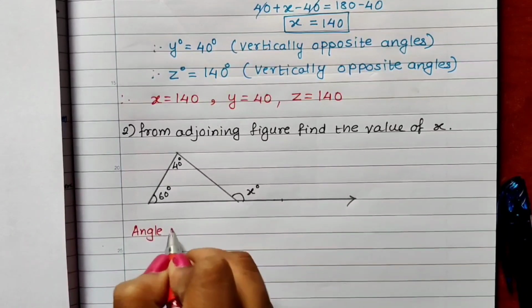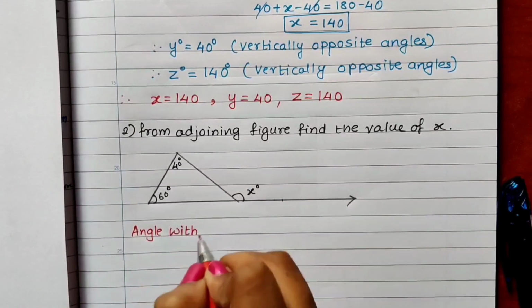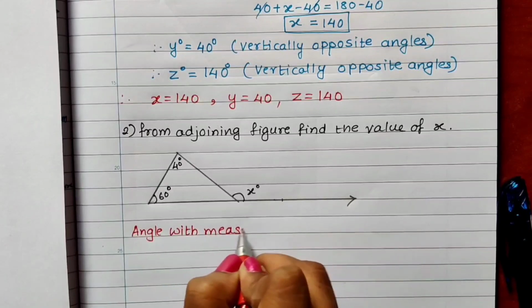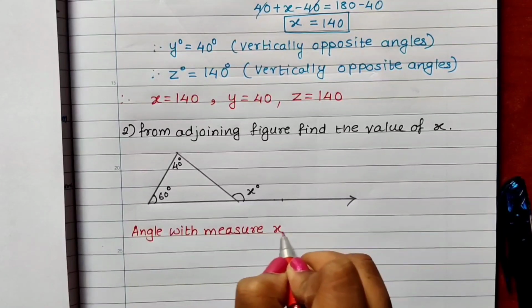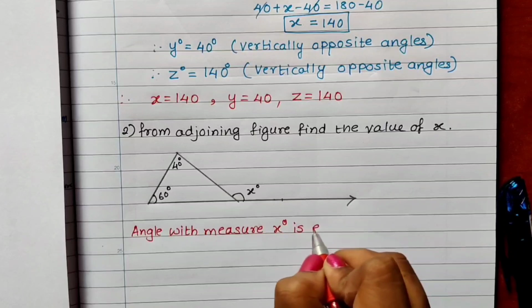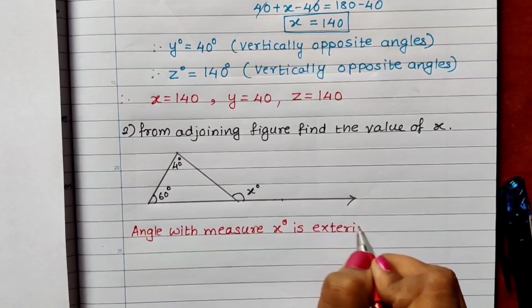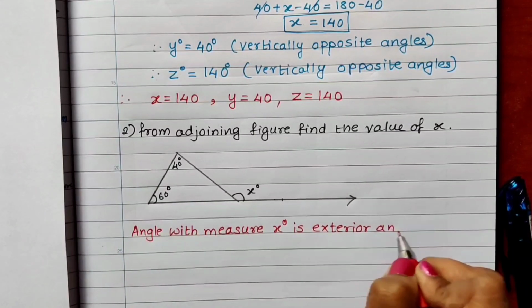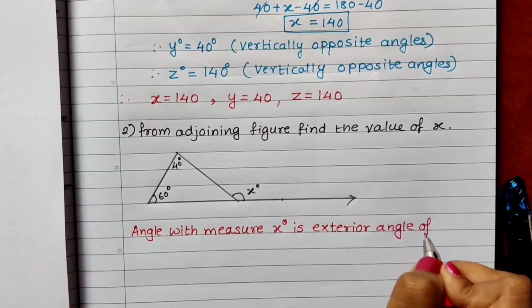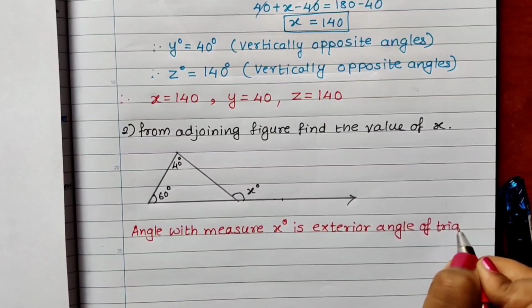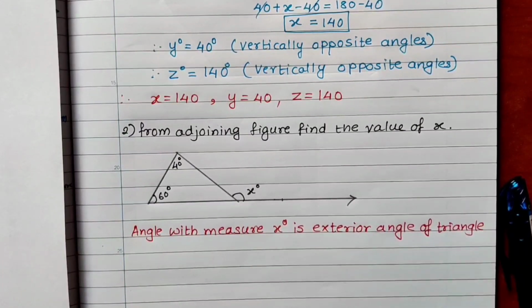The angle with measure x degrees is the exterior angle of the triangle. So this means what?